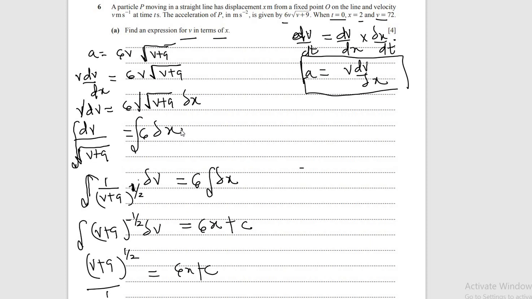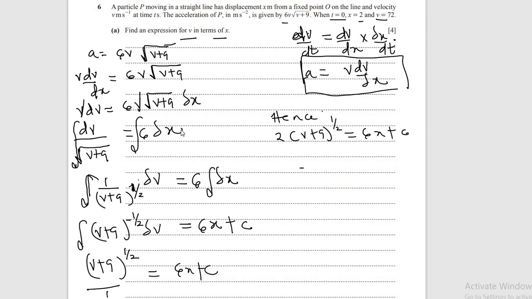Hence, the equation is now 2 (v plus 9) raised to the power half equal to 6x plus 6.